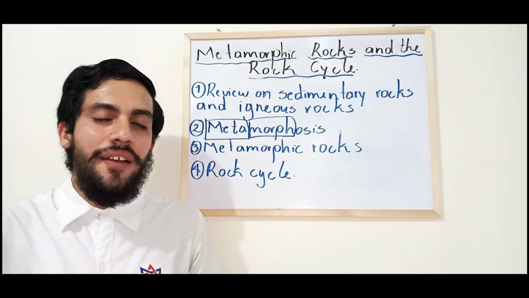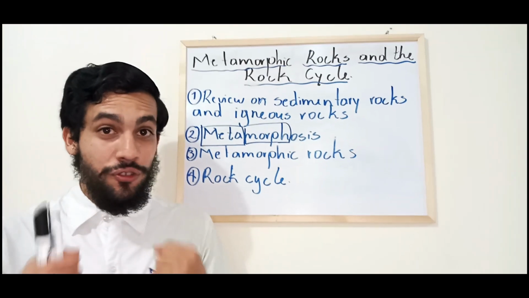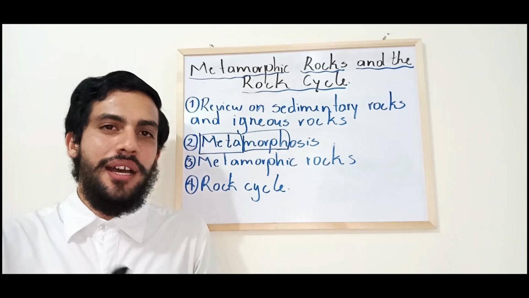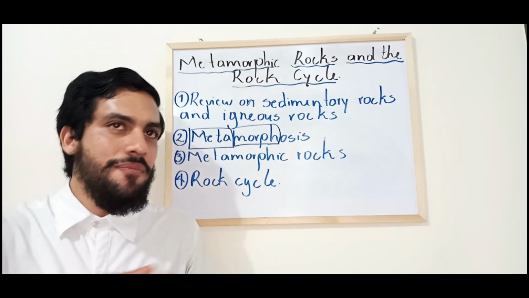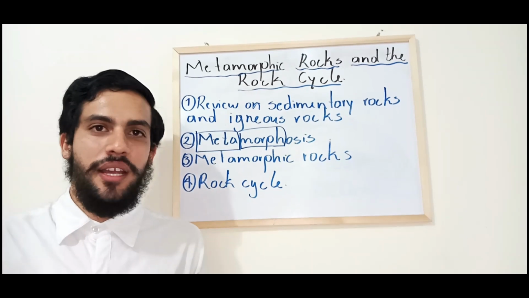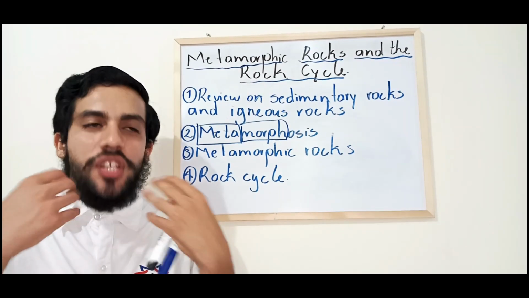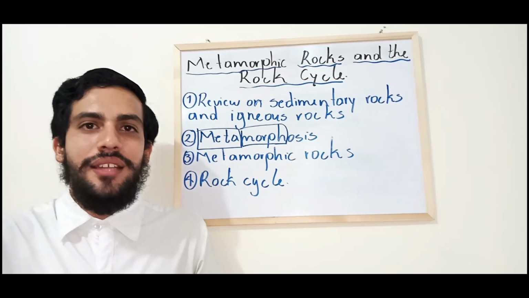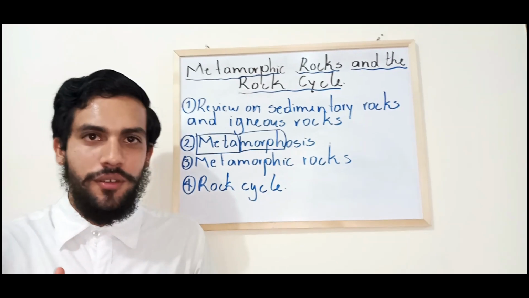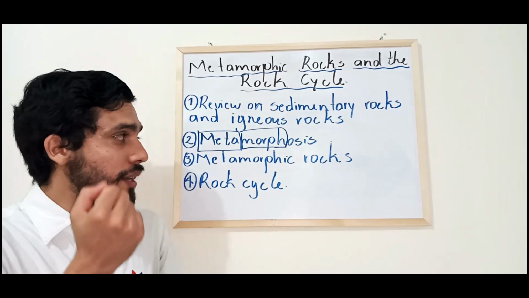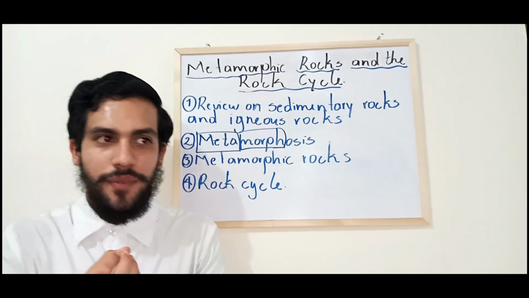So this heat and pressure causes the rock at some point to change. But when the rocks change, it doesn't mean that they melt. The rocks only change in form. They go through a transformation, or a metamorphosis, and that's what a metamorphic rock is.